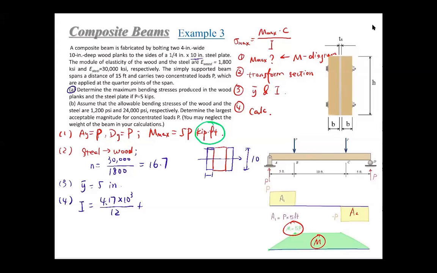The width here is 4, the width here is 4, and the width here is 1/4 times 16.7, which equals 4.17 inch. So that is how we got this 4.17. Plus 4 times 10 cube over 12 times 2, since we have 2 of them. So we get 1014 inch to the 4th.